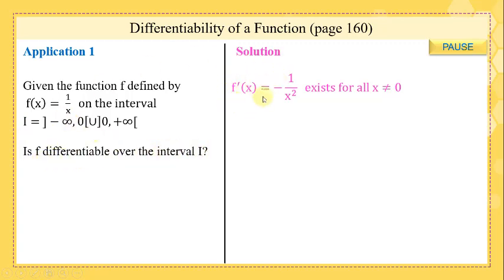If you calculate the function derivative f prime of x, you will get minus 1 over x squared. This function derivative exists for all values of x except 0. So we can say that function f is differentiable over I. So here in this example, we don't have a problem that the domain of definition of the function is the domain of definition of its derivative.